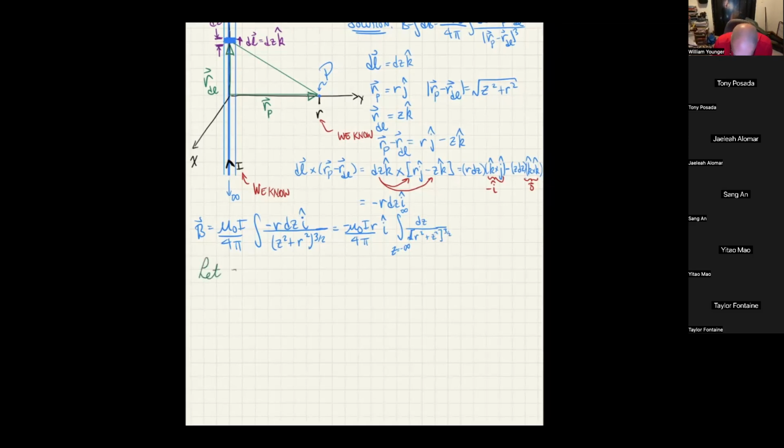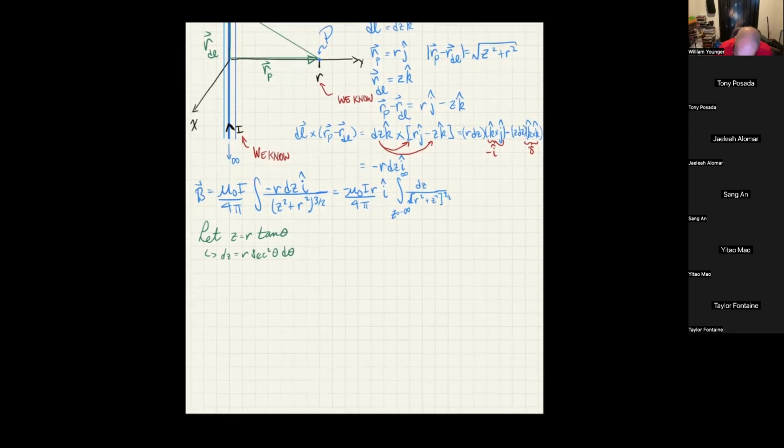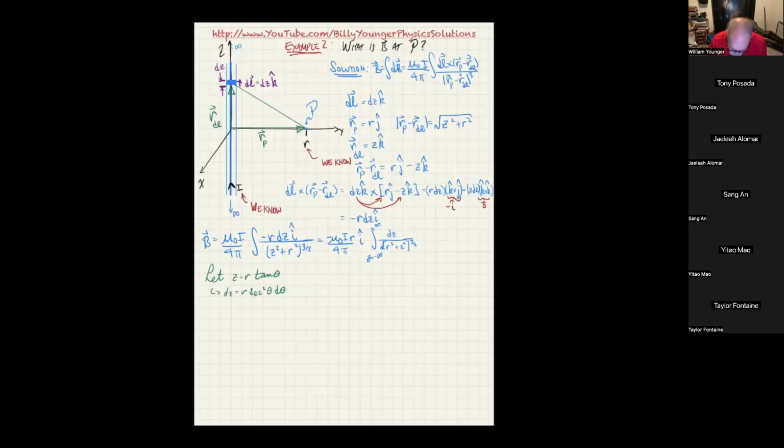Let z equal r tangent theta. Then dz is equal to r secant squared theta d theta. So that's the trig substitution we're going to make. And in fact, this has ramifications. For instance, if we look back at our coordinate system, we can see that this axis, there's x, or excuse me, that's y.